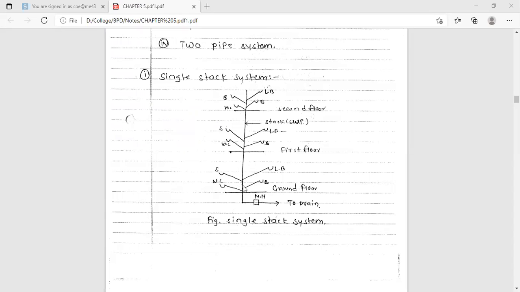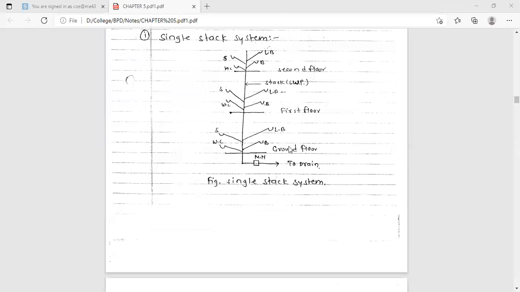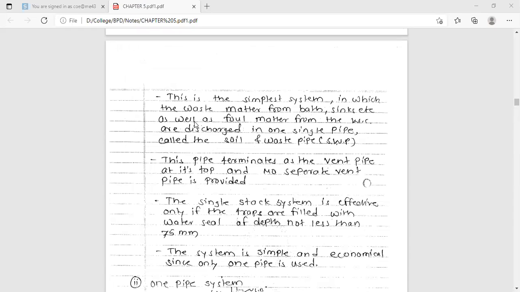Here you can see this is the ground floor, first floor, second floor. At each floor, different outlets will be there, and all the outlets are connected to the single pipe or single stack only in a single stack system.